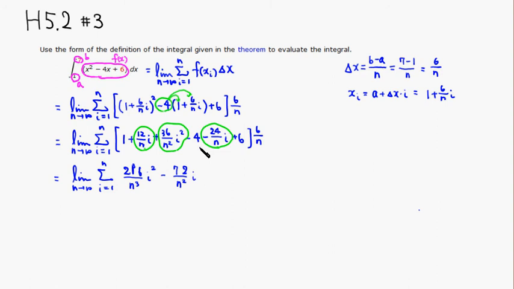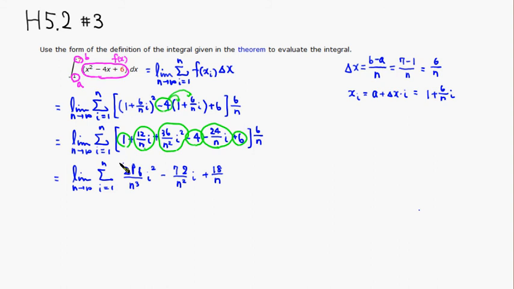That takes care of the one with i. Then we have 1 minus 4, so negative 3, plus 6, so that's 3. 3 times 6 is 18 over n.